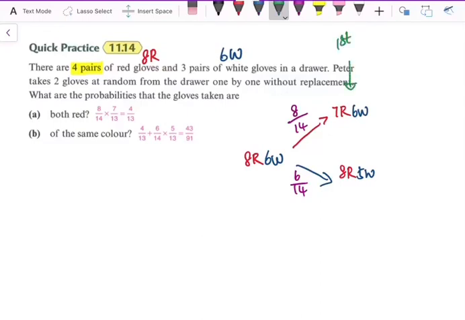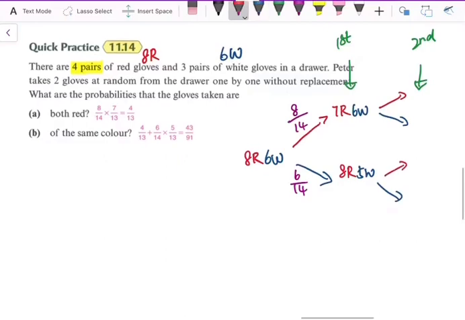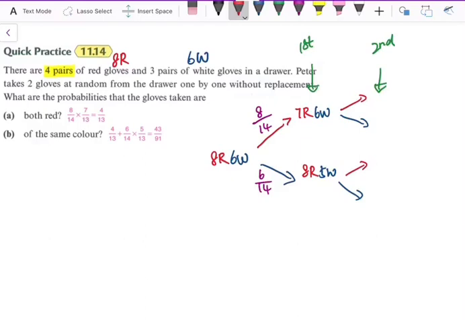Don't forget Peter is not just taking one glove, Peter is taking out 2 gloves. So you still have the second time. Second time again you can take out the red one or the white one. So that means you have a total of 4 different combinations. If you take out the red one, will the probability keep being 8 out of 14?